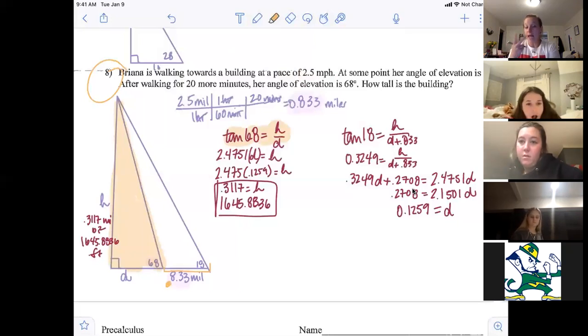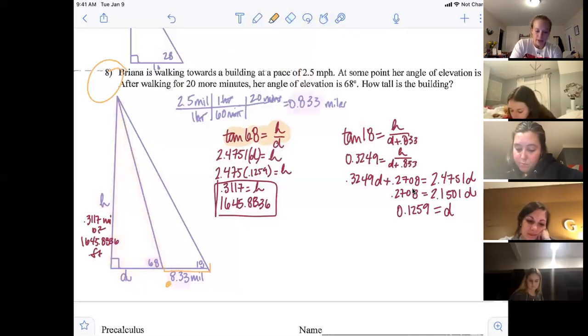So think about if something happens twice, like you look up at the building and then you get closer and then you look up at the building again. So I use the orange for tan of 68 equals h over d. And then I'm going to do the bigger triangle, which is the whole thing. This right here. And that's an angle 18.